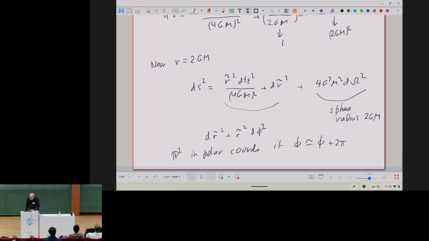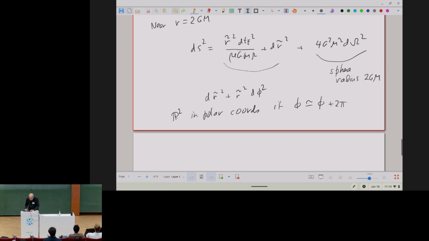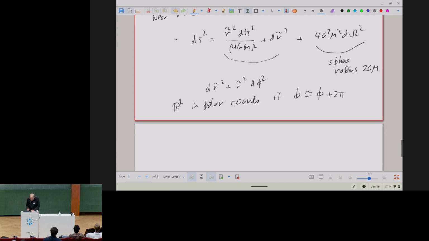So, given that we know that, you see, this metric is the same if we give tE the correct period. If tE is an angular variable with period 8 pi GM, then this first bit just becomes the metric of the plane in polar coordinates.